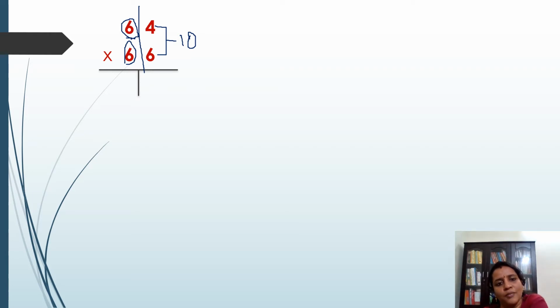And I'm now going to split my answer into two parts, LHS and RHS. To get the LHS, what am I going to consider? I am going to consider this common number, that is the 6. What is the ekadika of 6? Which is nothing else other than 7. So ekadika of 6 is, I have to add 1 to this 6, which gives me 7.